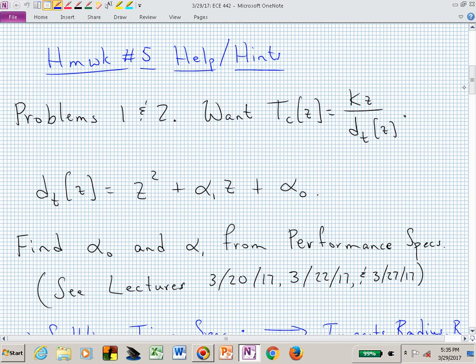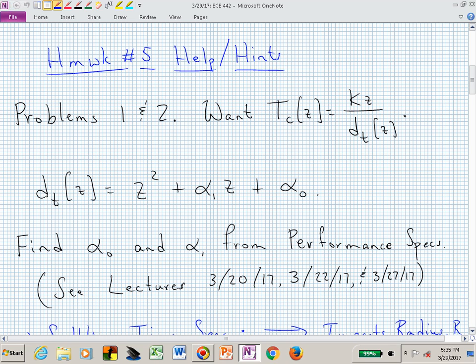Hints and helps for homework number 5. Problems 1 and 2 have multiple parts, and that's to give you practice. What you want to do is create this desired closed-loop transfer function, capital T sub C of Z. In most of them, I think your numerator is just going to be K z, probably. I may say force a 0 at the origin.